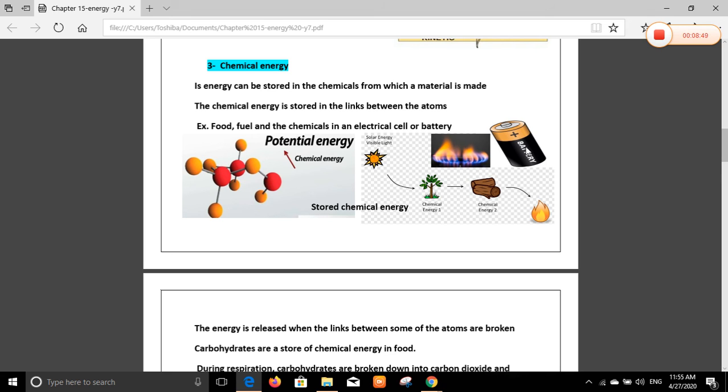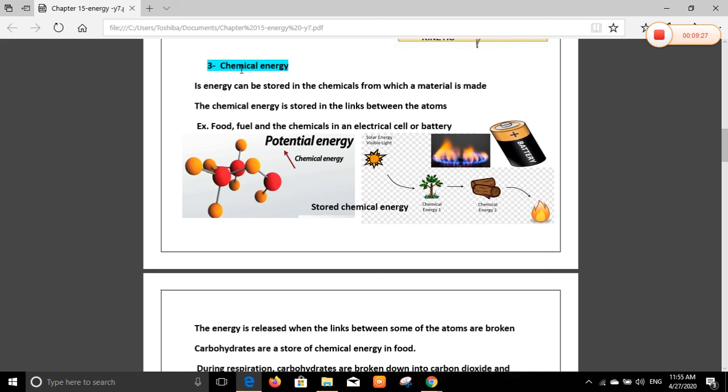When the battery is connected to a device, from the positive pole to the negative pole, you can operate the device. A chemical reaction happens between the materials of the battery, and the chemical energy changes to heat energy and then light energy if you operate a torch.